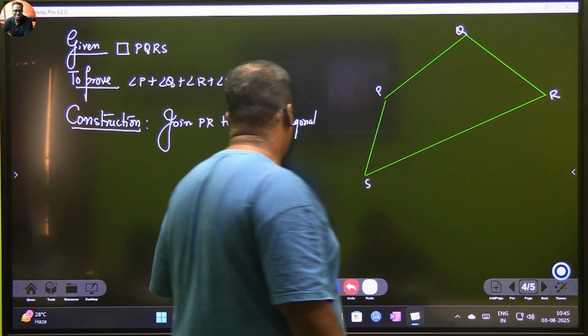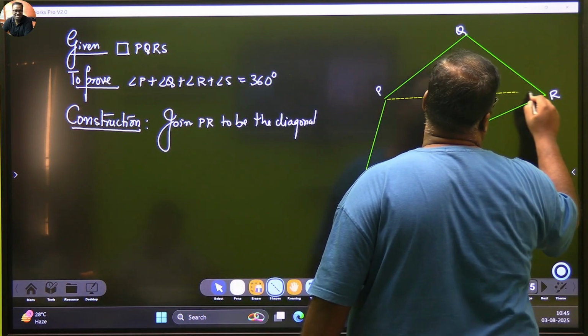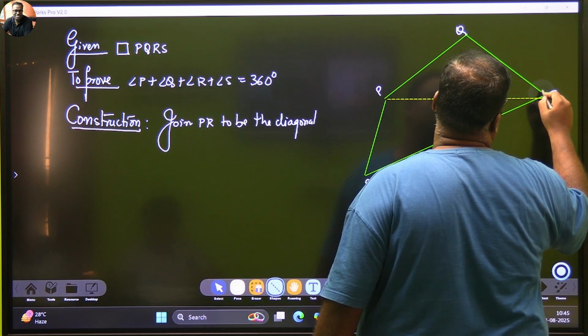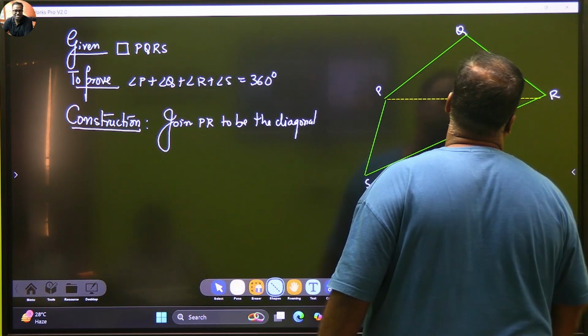Whenever you are joining by construction, we usually use dotted lines to show that this was not a part of the original diagram. Okay.